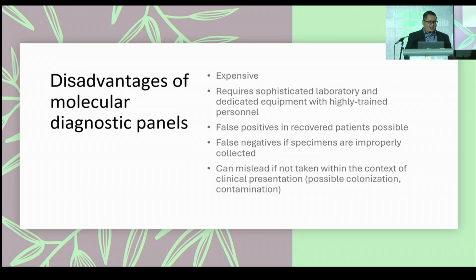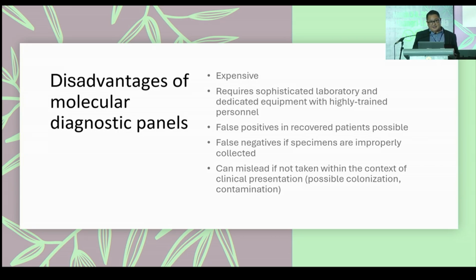And of course, if you only think about the positive test and not the clinical situation, then it can really mislead you. So we have to correlate all these tests clinically. Is it contamination? Is it colonization? Or is it a true pathogen? Because a lot of these are also normal respiratory flora.